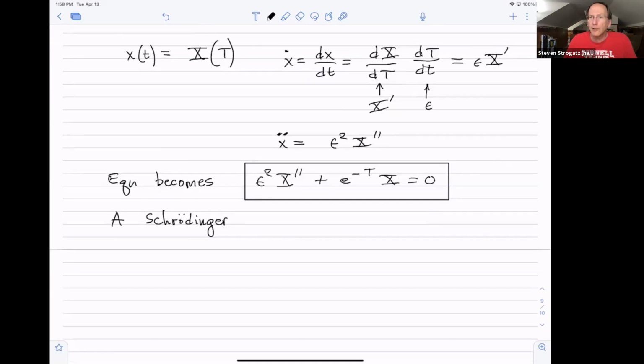Anyway, Schrodinger equation with a Q of T in our earlier notation. The Q, remember the Q is the factor of this term. This is the Q, except when it's on the right-hand side. So our Q of T would be negative e to the negative T.